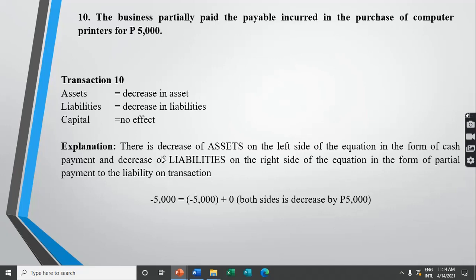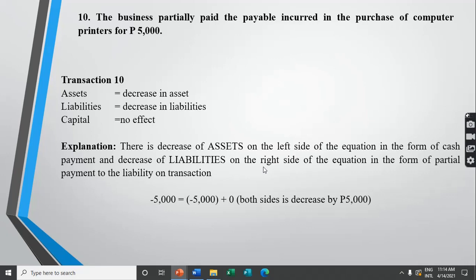Okay? There is a decrease of assets on the left side of the equation in the form of payment and the decrease of liabilities on the right side of the equation in the form of partial payment to the liability on transaction.